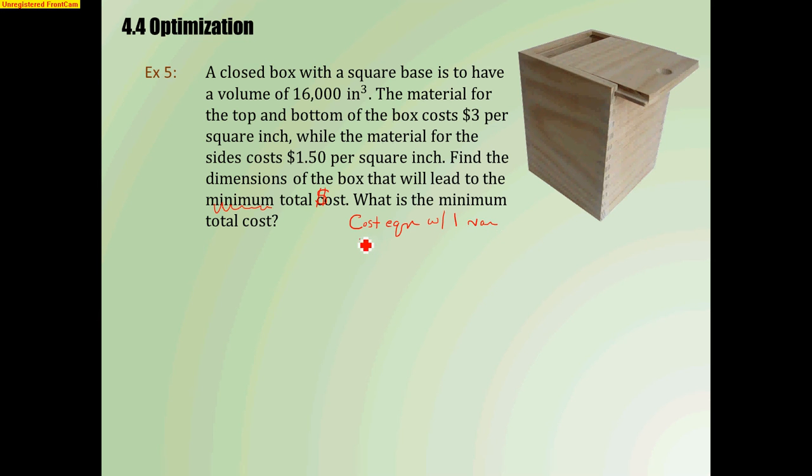Then I'm going to take the derivative of that cost, set that derivative equal to 0, do a number line, and since I want to minimize, I want to see where the derivative changes from negative to positive. So this is my game plan.